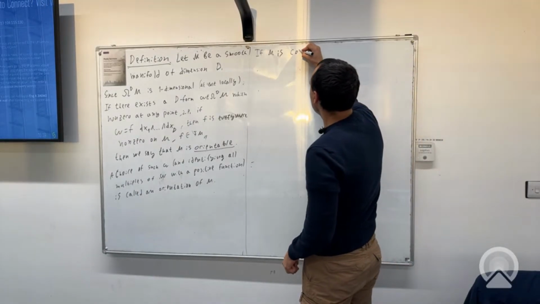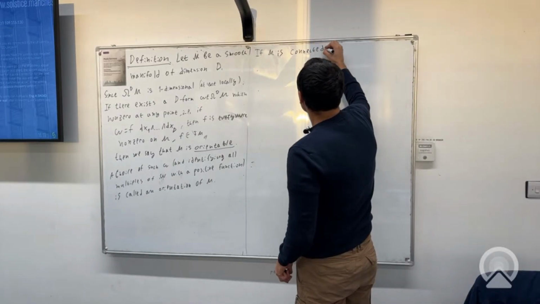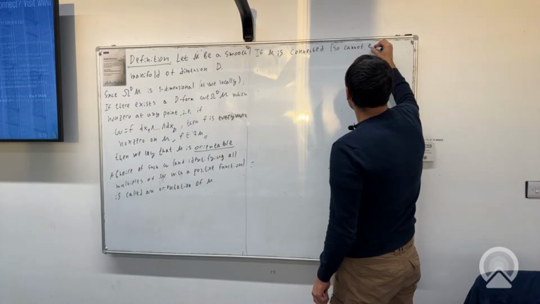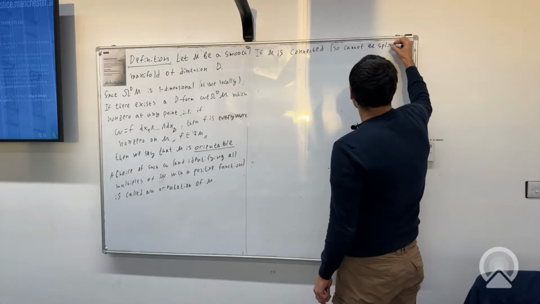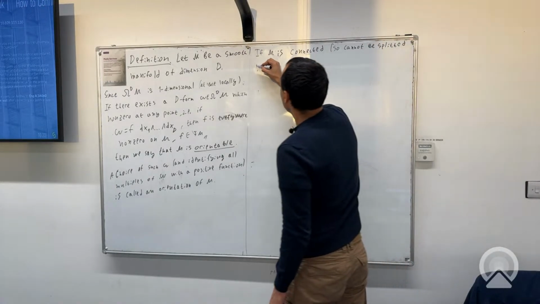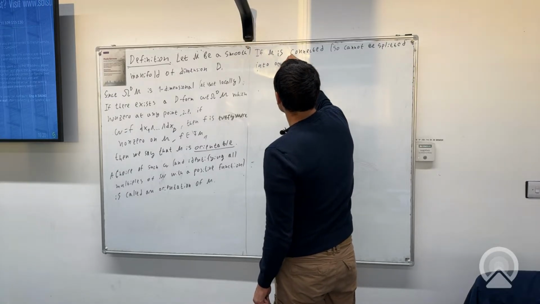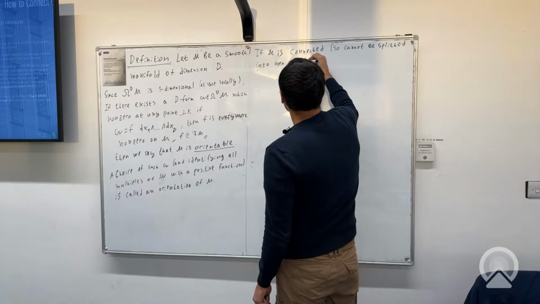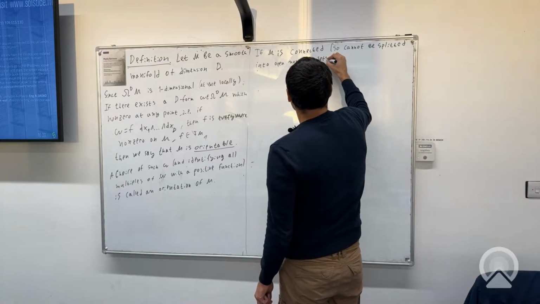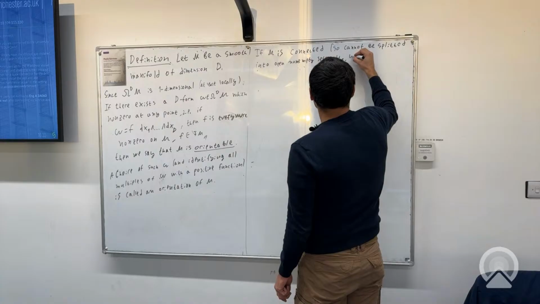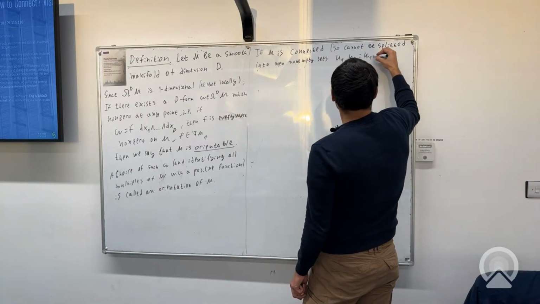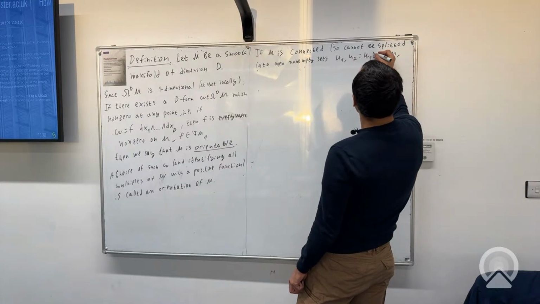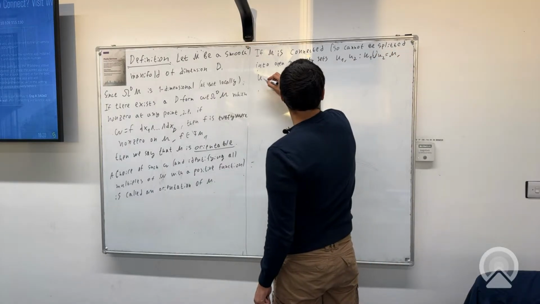If M is connected, so it cannot be split into open non-empty sets U1, U2, such that the union is M, and their intersection is the empty set.